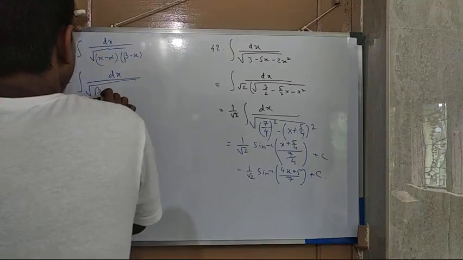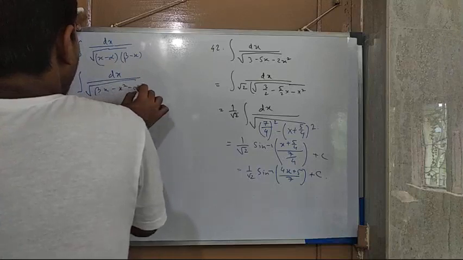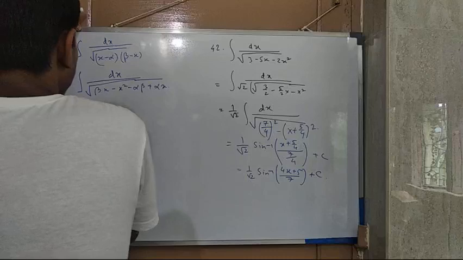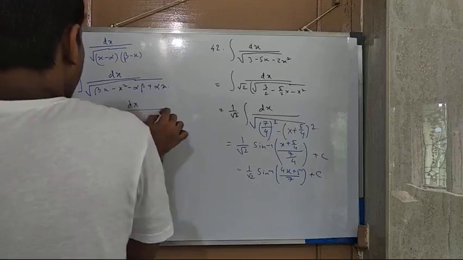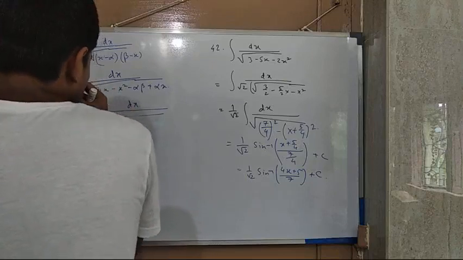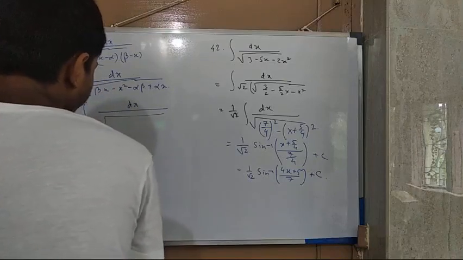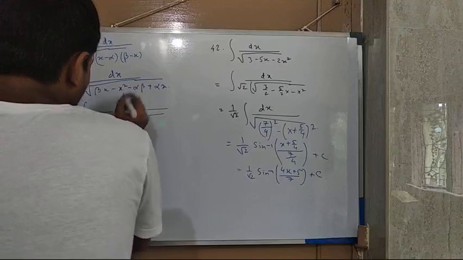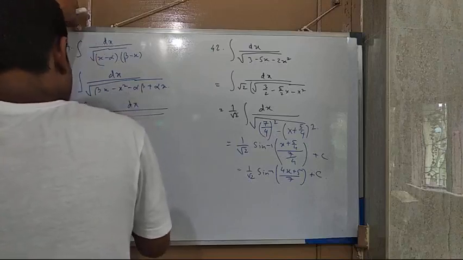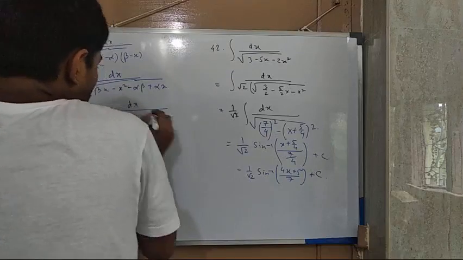So this is beta x minus x squared minus alpha beta plus alpha x. So this is actually integral dx by root under minus alpha beta. So let's form a whole square here first.